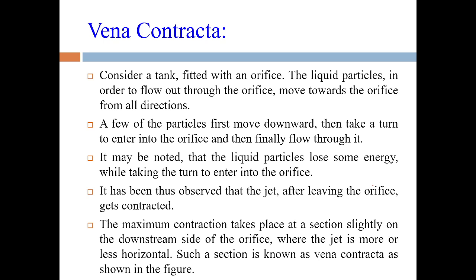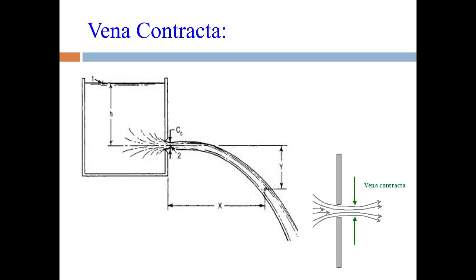Here you can see this is the tank, for example. This is an opening near the bottom. So when you fill the tank to some level, you can see that water is flowing out like a stream. This is called the jet. This is a jet. Okay, this is a trajectory.